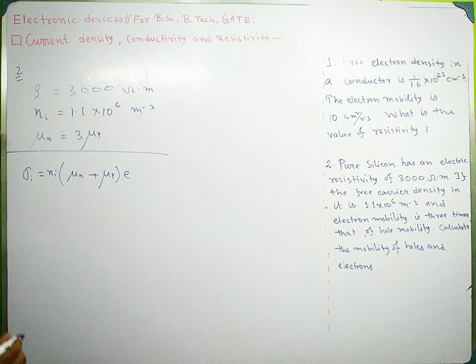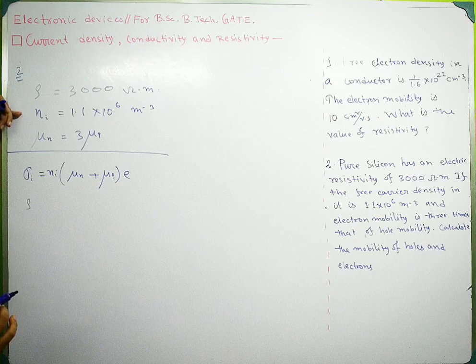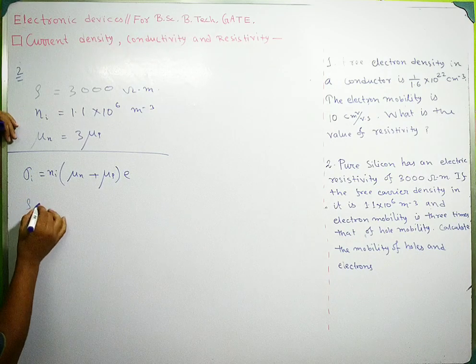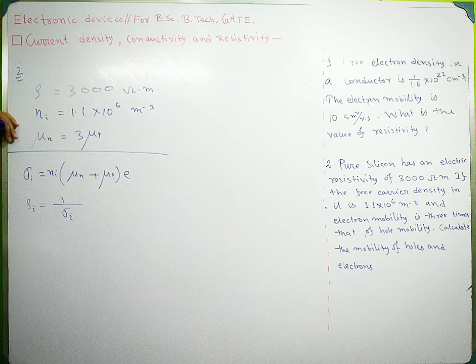Now resistivity rho i equals 1 by sigma i.